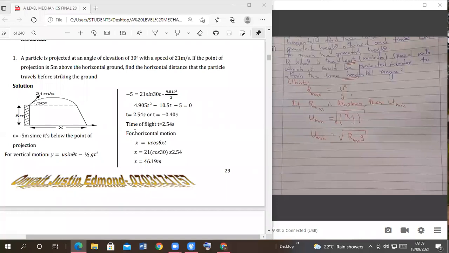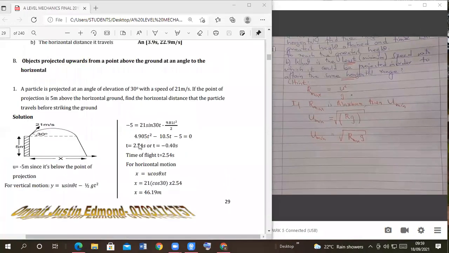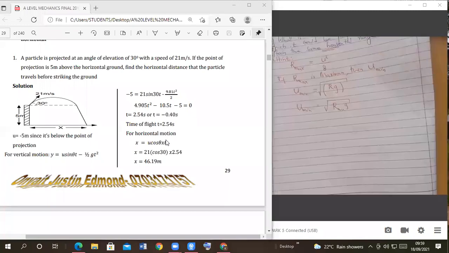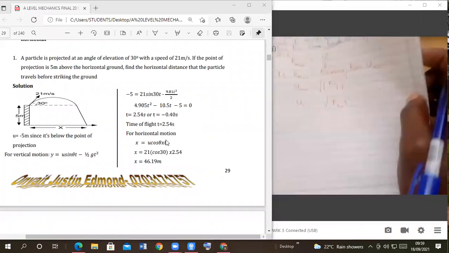Now this time it is projected at a given angle to the horizontal. It's just the same case. Nothing much will change. So the only thing you have to take note of, let me sketch it from here.